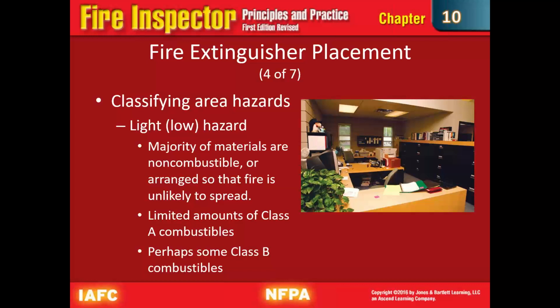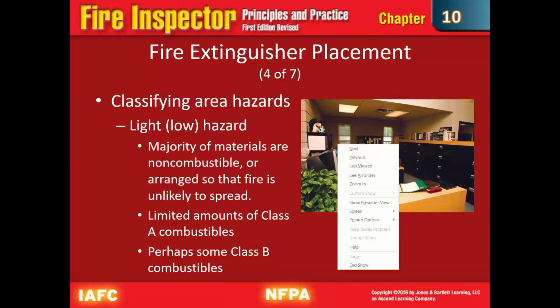It's not much of a Class A combustible threat, maybe a little bit of Class B, and maybe some cans of air freshener or stuff like that, but not a whole lot.